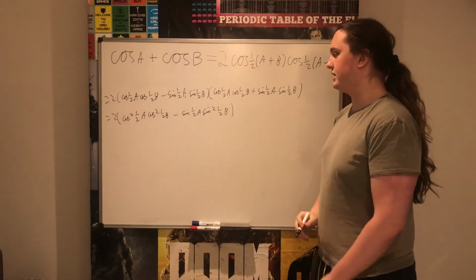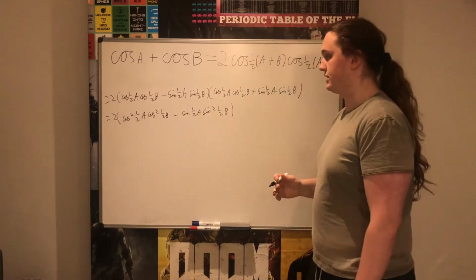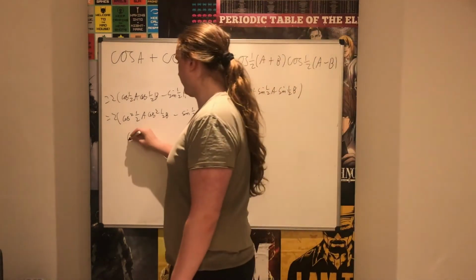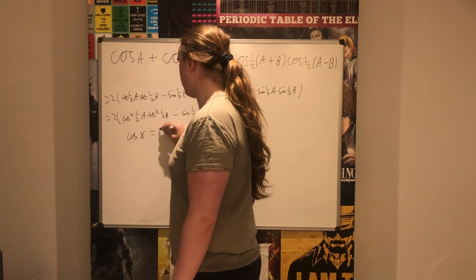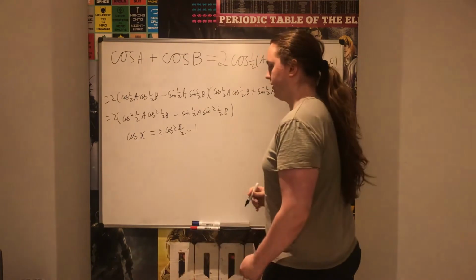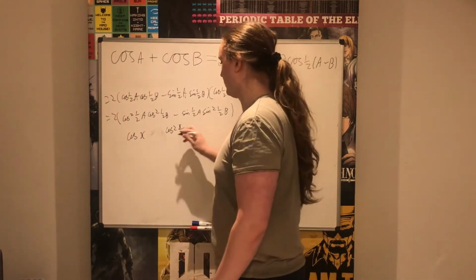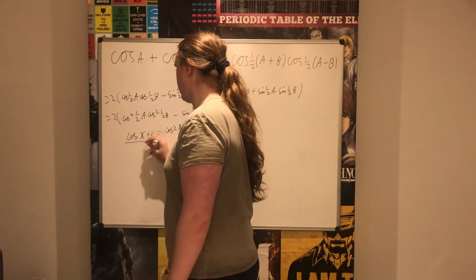And now from here we can apply the double angle formulae to these coses and these sines. So first of all, we know that cos of x equals 2 cos squared x over 2 minus 1, which means if we rearrange this, we get cos squared x over 2 equals cos x plus 1 over 2.